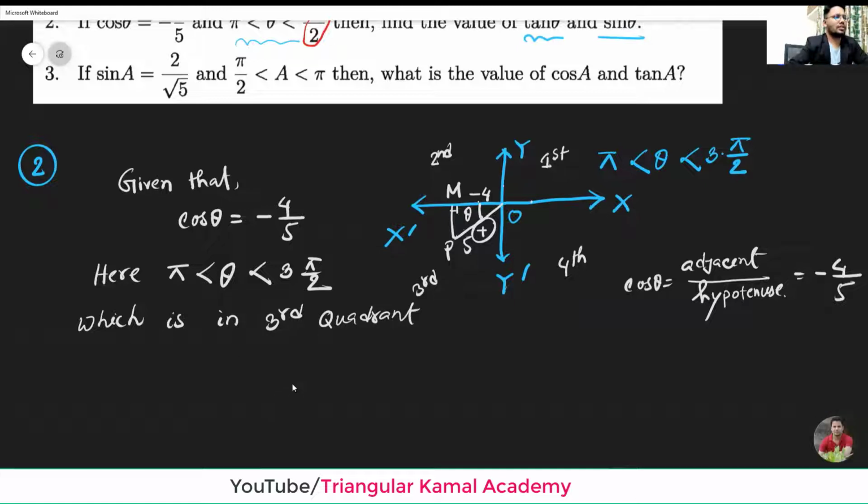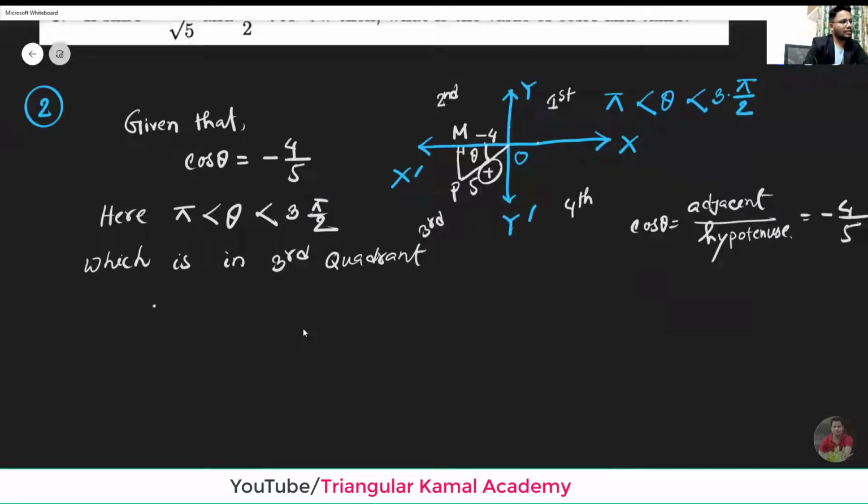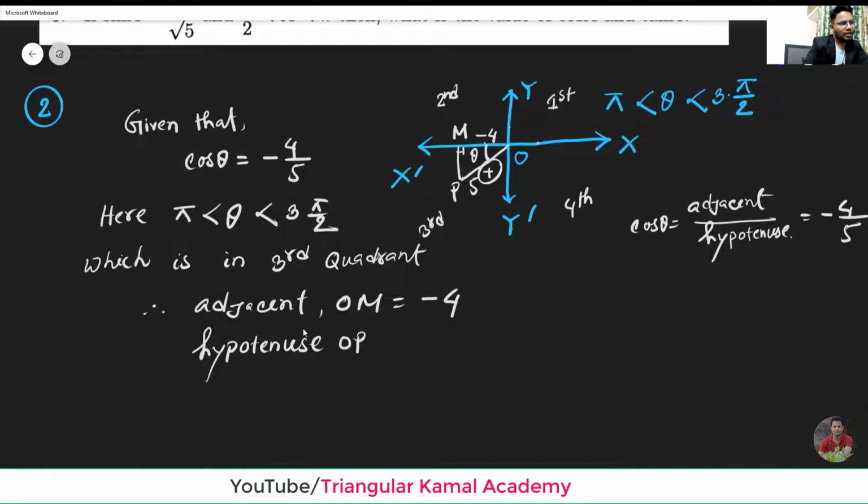Third quadrant. So now that means adjacent OM is equal to minus 4, hypotenuse OP is always positive, which is 5.